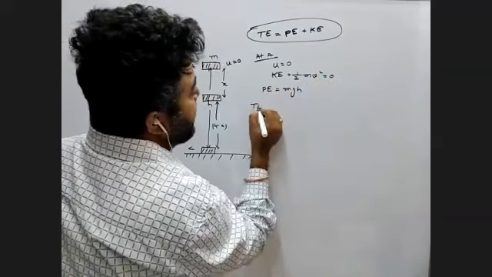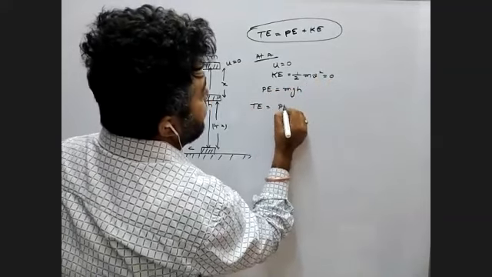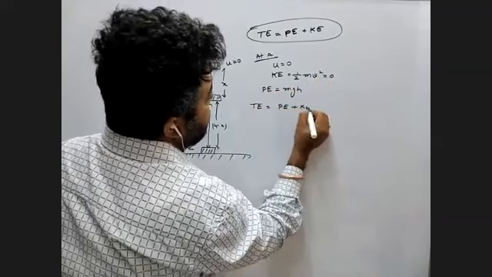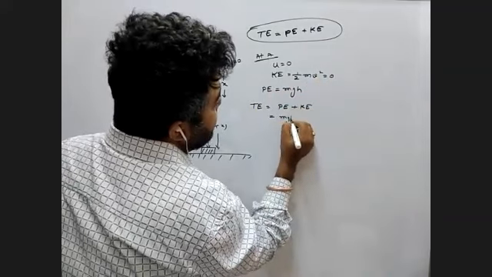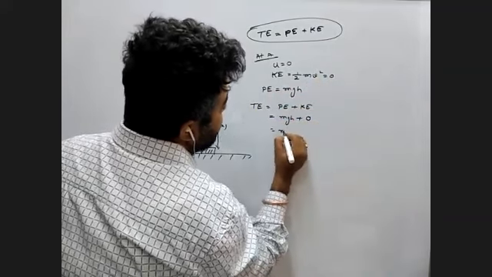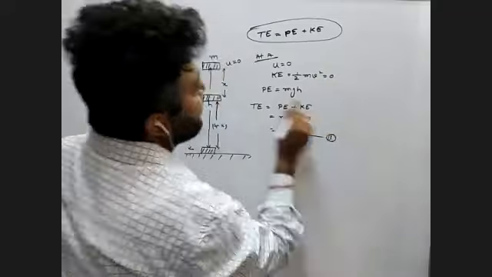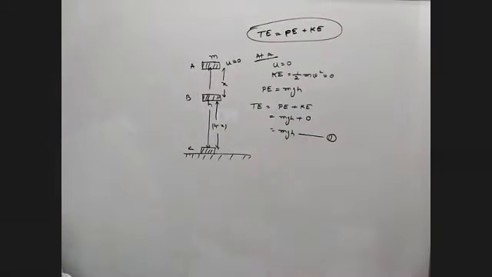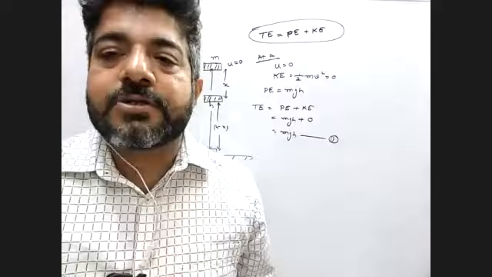So the total energy, potential energy plus kinetic energy, is mgh plus 0 equals mgh. Is it okay, everyone? Up to this, is it okay?